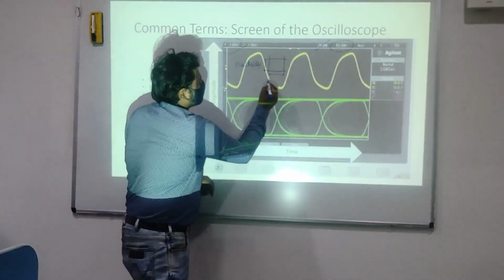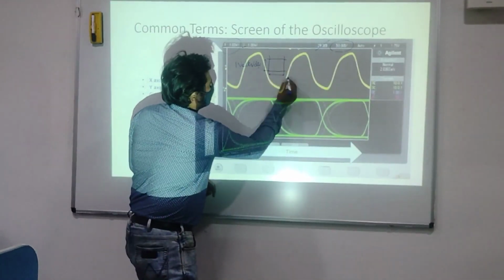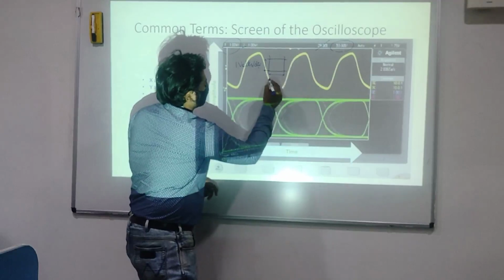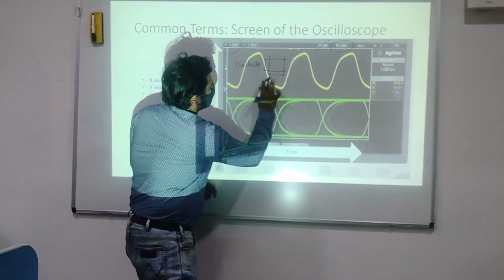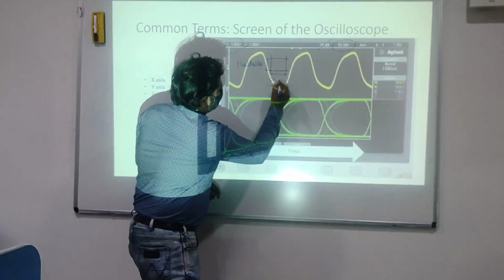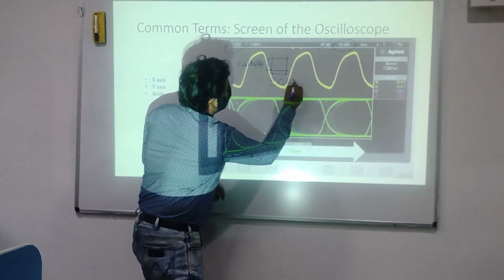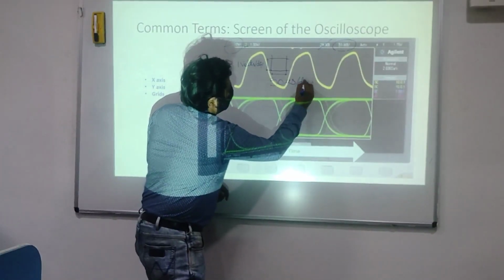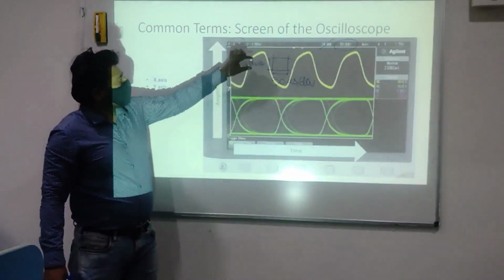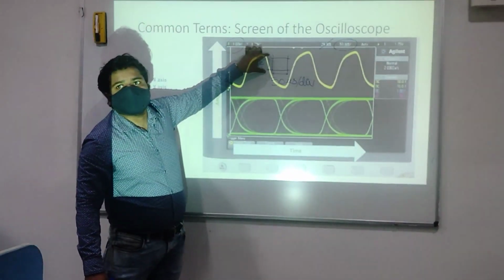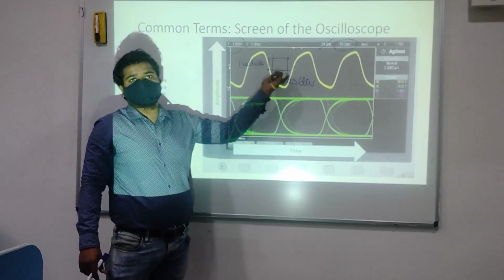This provides you the value of the grid on the time axis: 50 microsecond per division. What is the advantage if I know this height and this width?